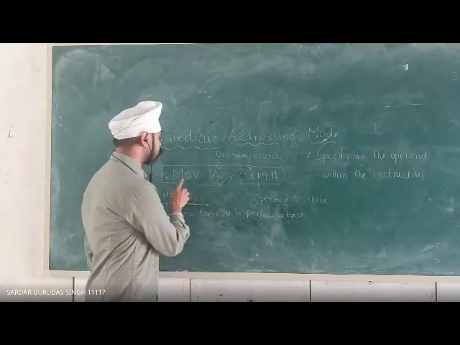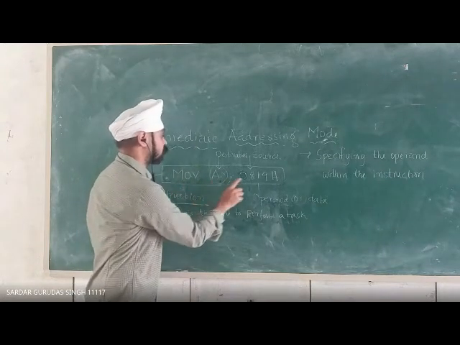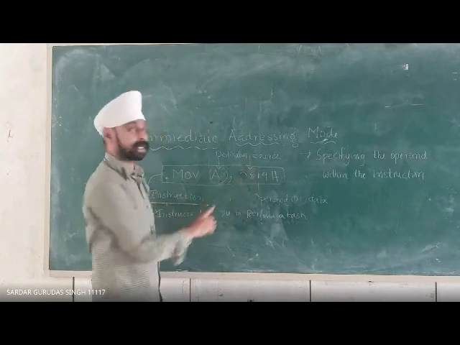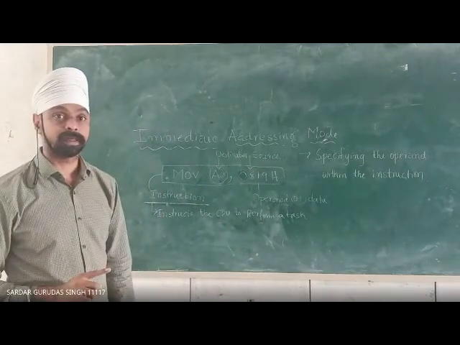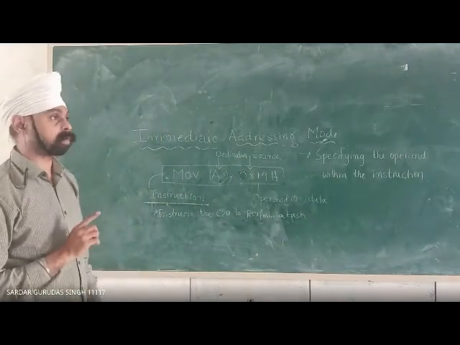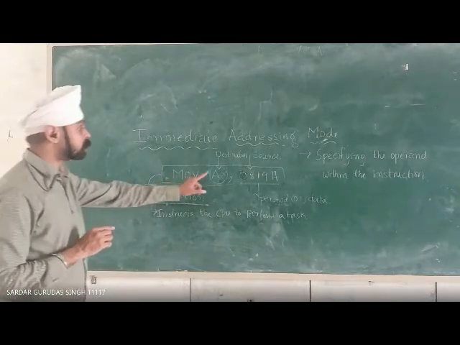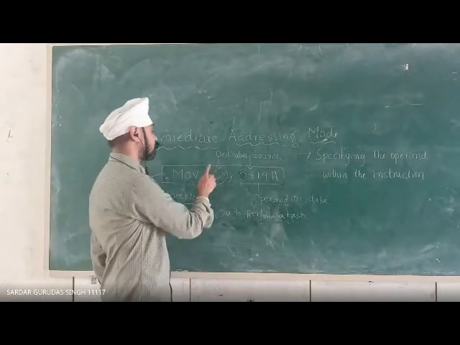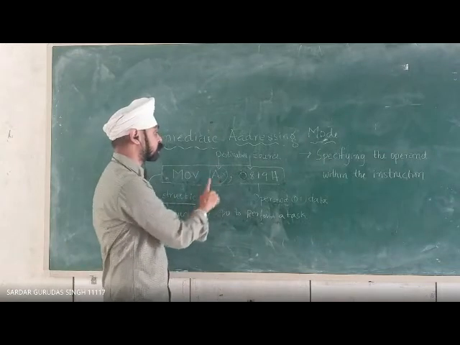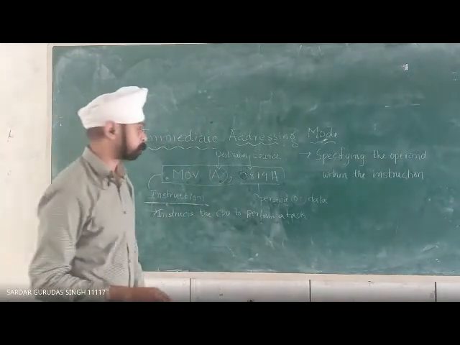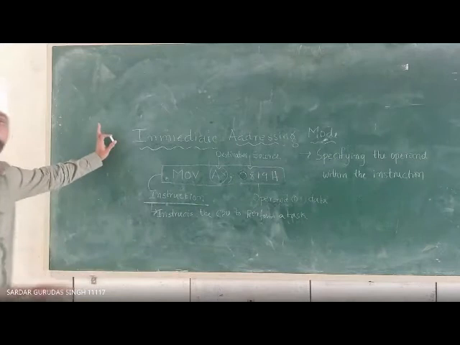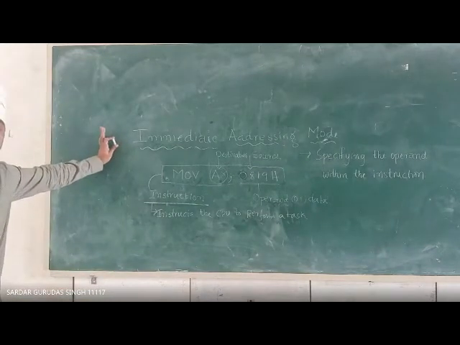You cannot write MOV DS, 0819. You are not allowed to write that type of instruction. But instead of a segment register, any other register can be specified at the destination side. Is this clear? Is immediate addressing mode okay?